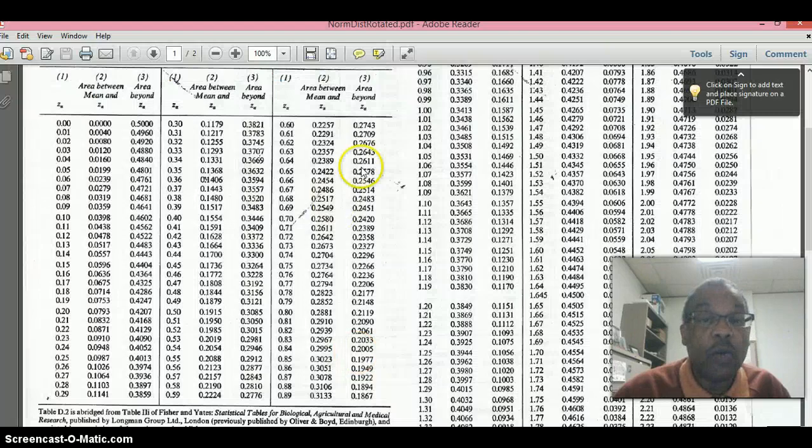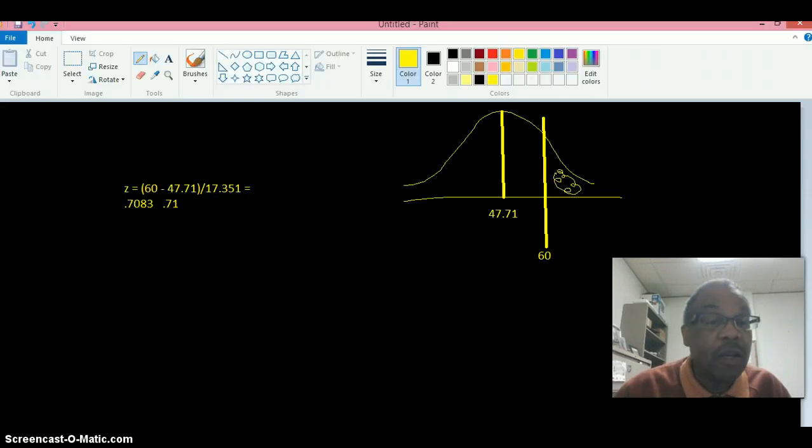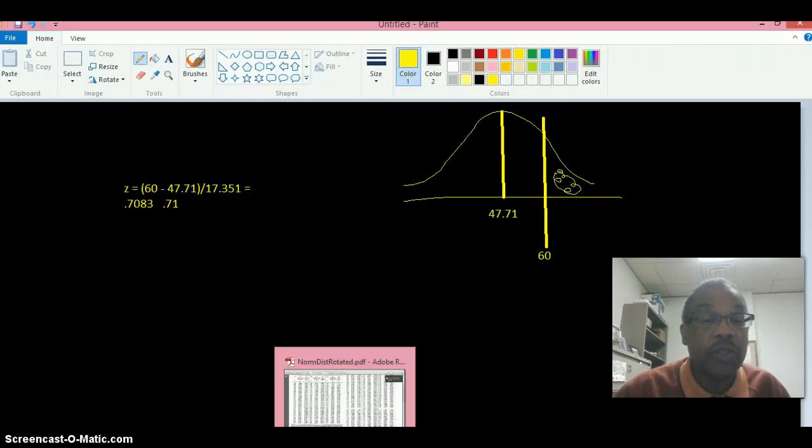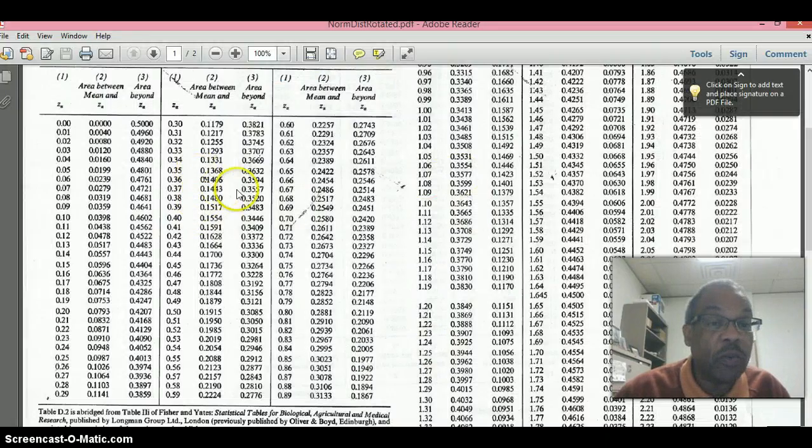So to quickly go to, let me, 0.71 is our Z-score, so we find 0.71 wherever that is, and we're looking for the area outside, 0.2389.